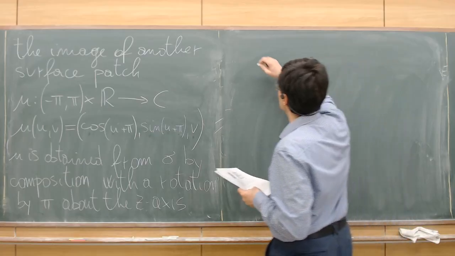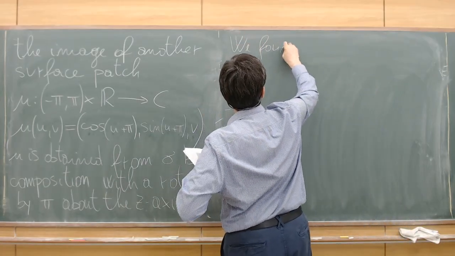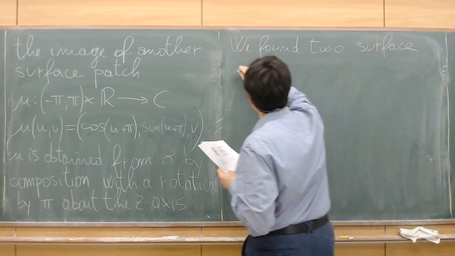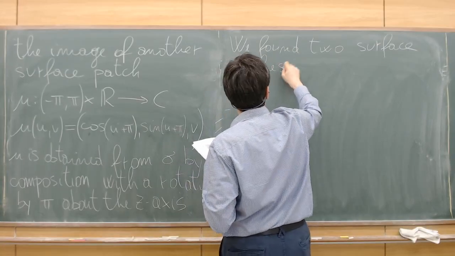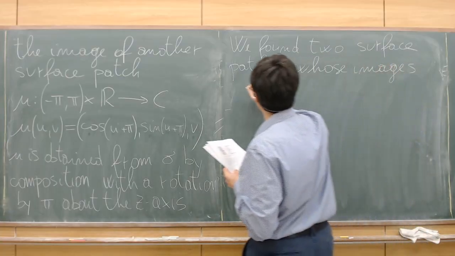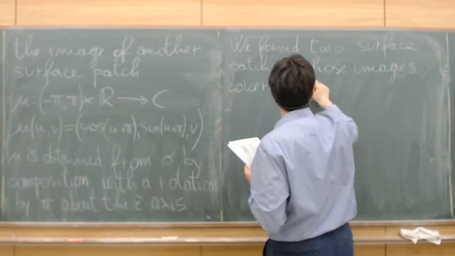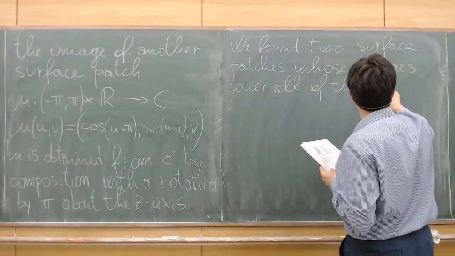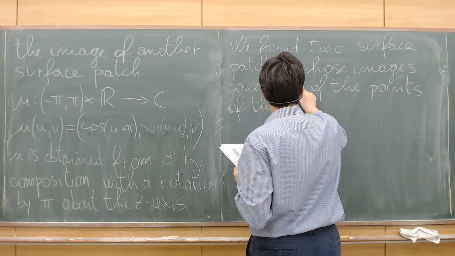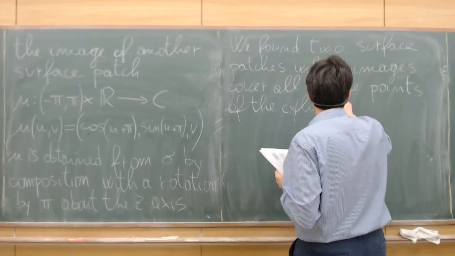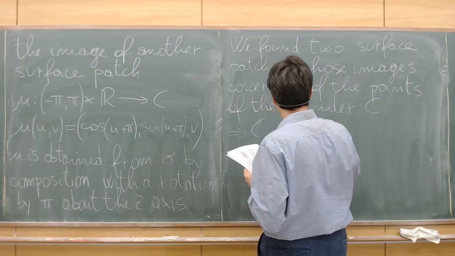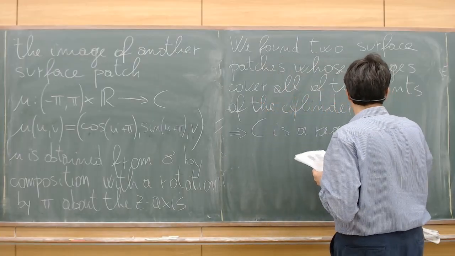So we found two surface patches whose images cover all of the points of the cylinder C. So this implies C is a regular surface.